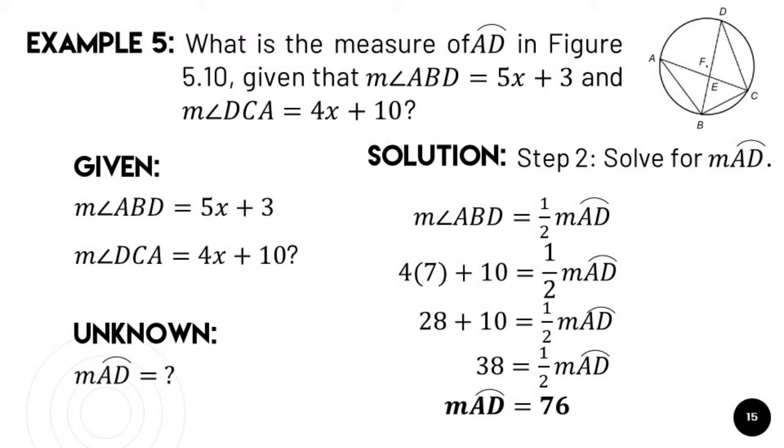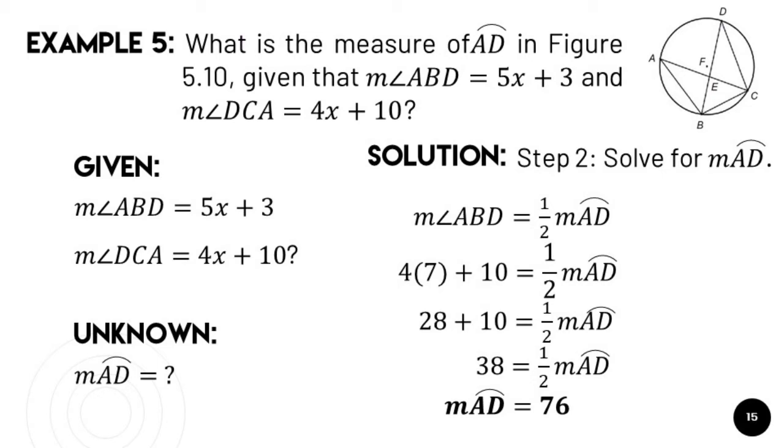Since we already have the value of x, we can now solve for the measure of arc AD using either the inscribed angle ABD or angle DCA, since they are congruent. We will be applying the inscribed angle theorem. Using the measure of angle ABD, we have the measure of angle ABD equals 1/2 of the measure of arc AD.